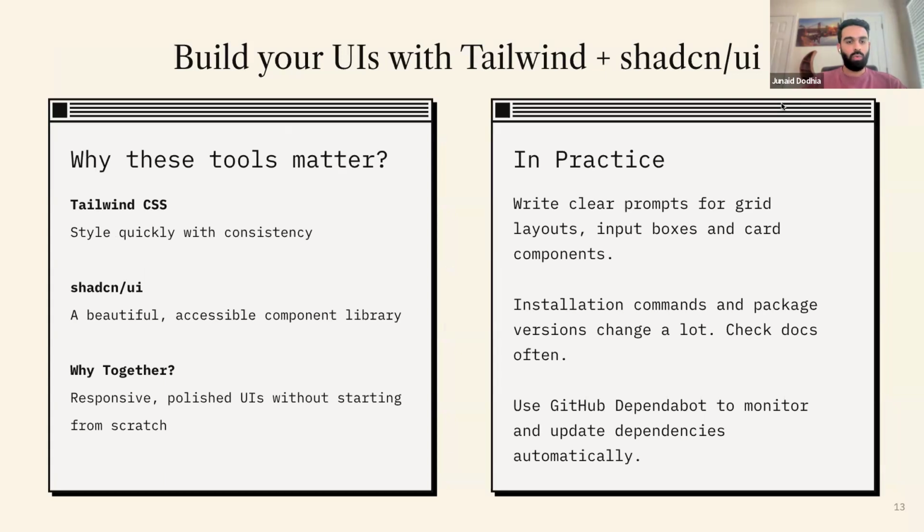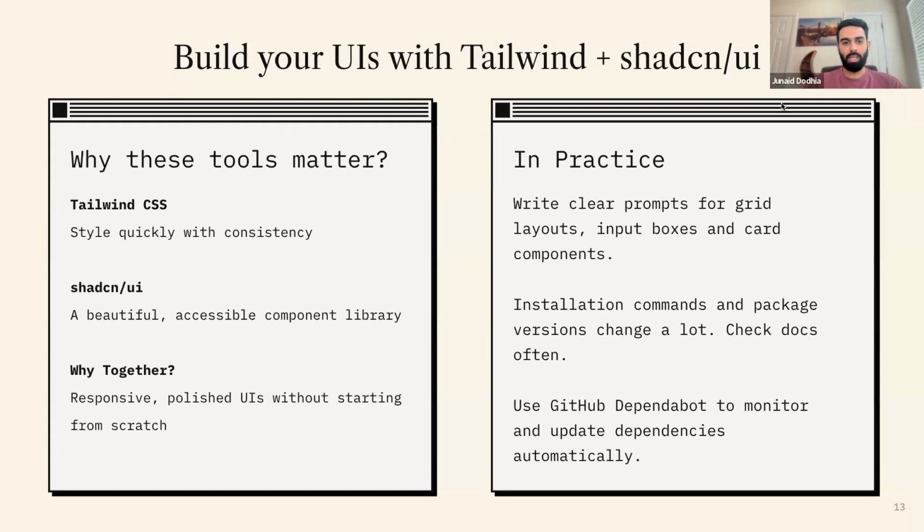And before we start, I wanted to show you why we chose Tailwind and shadcn. Tailwind is a CSS library which allows you to do some styling quickly and not have to worry about it yourself.